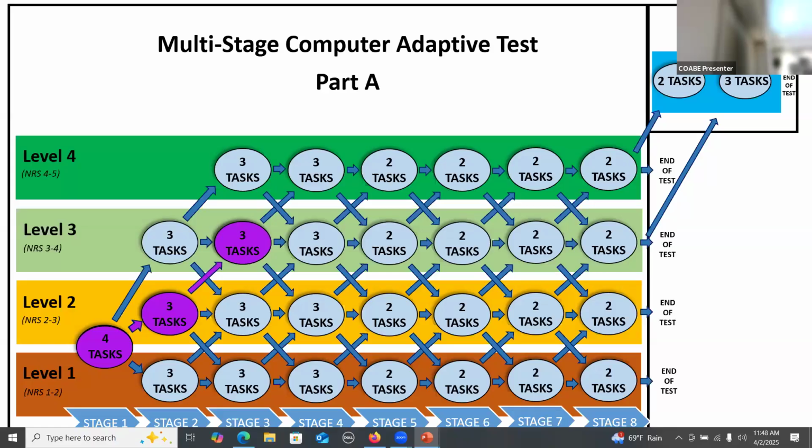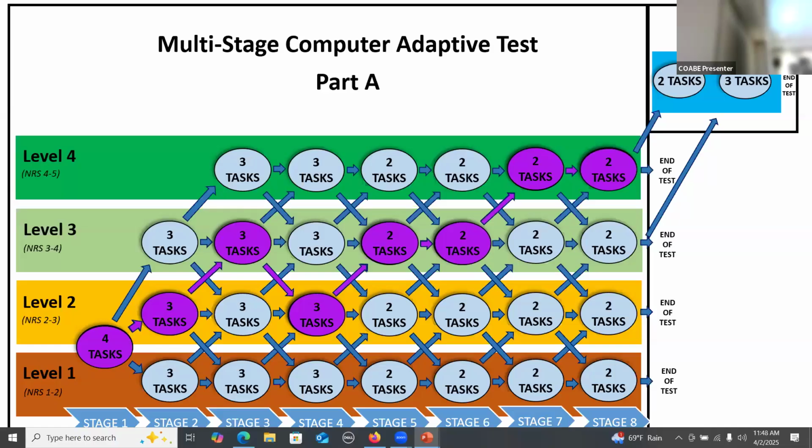In this simulated scenario, the examinee is doing quite well and moving up in the test. By now they're at level 3 difficulty, already at NRS levels 3 to 4. And then maybe they didn't perform as well in those 3 tasks and the test goes down a level. Then they go back up, then they stay the same, they go up again.